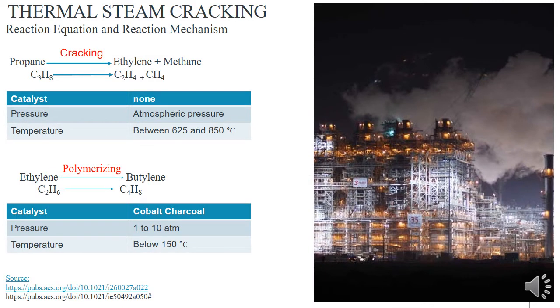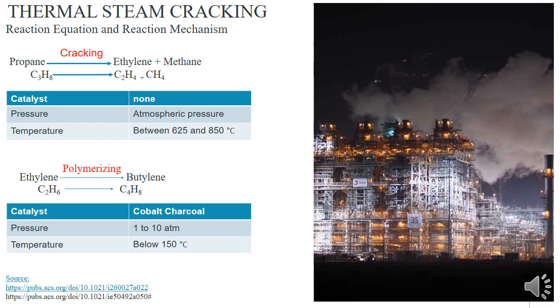Next, the reaction equations of the thermal steam cracking process. From propane to butylene, we consider two processes, which are the thermal steam cracking process and also the polymerizing process. The first reaction is propane to ethylene by using a thermal steam cracking process at atmospheric pressure and temperature around 625 to 850 degrees Celsius, with no catalyst.